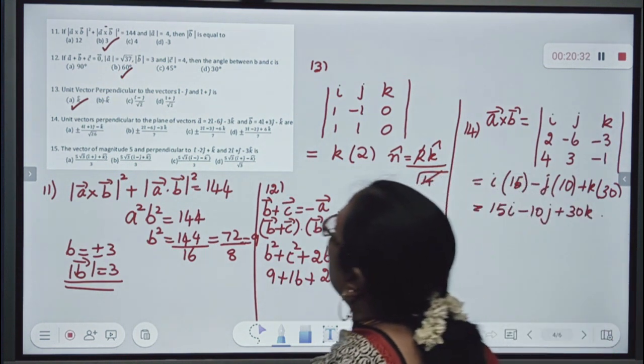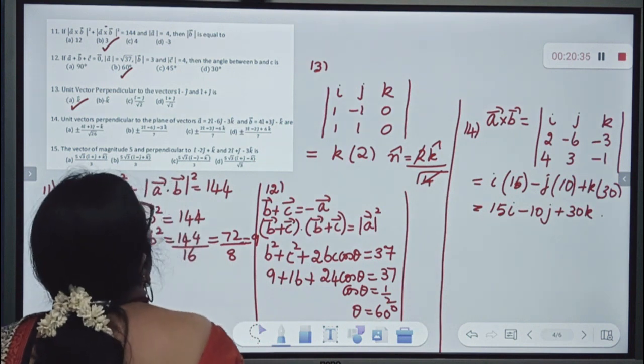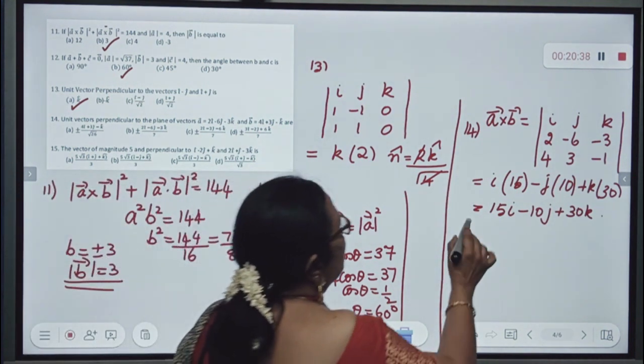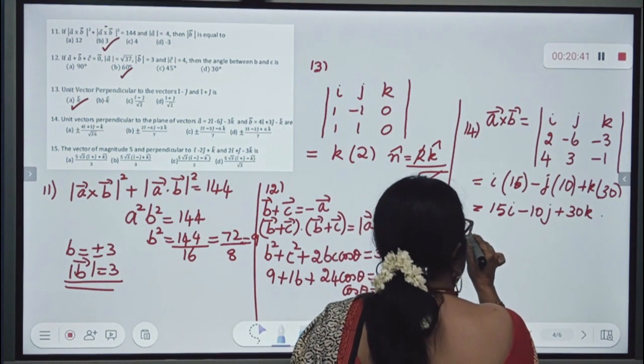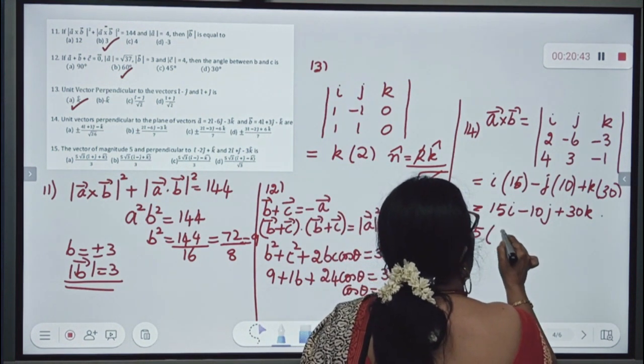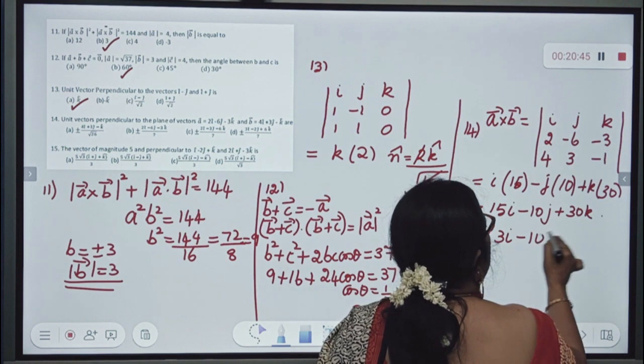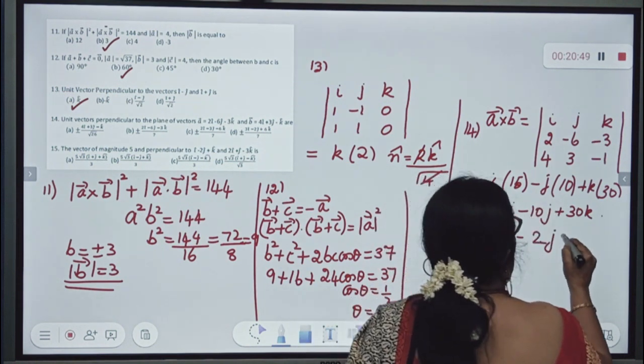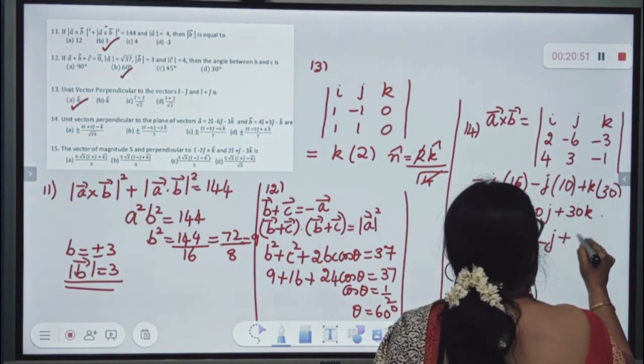Okay, we have found a vector which is perpendicular to the plane of these two vectors. You are asked to find a unit vector. So if this is perpendicular, even if I take out 5 outside, I will get 3i minus 2j plus 6k.